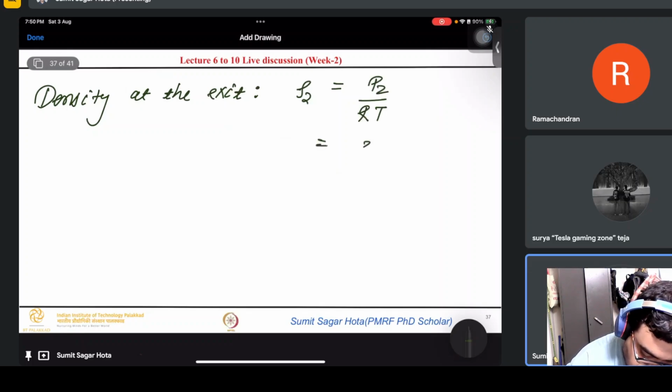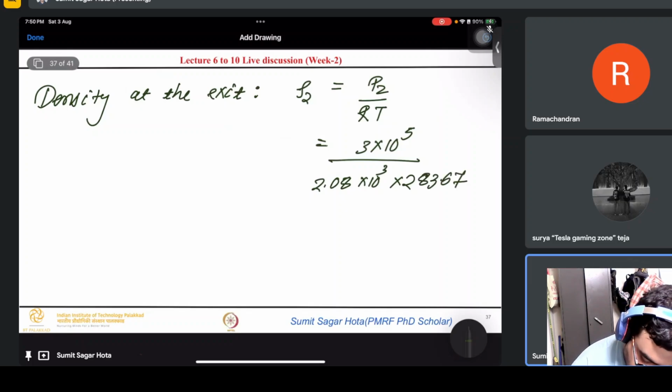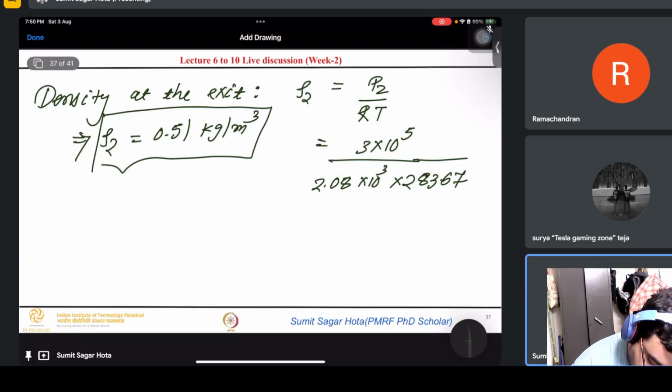So P2 is 3 × 10⁵, divided by 2.08 × 3 into 283.67. So rho 2 comes out to be 0.51 kg per meter cube.